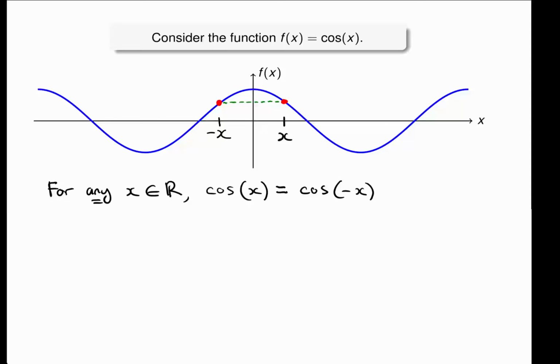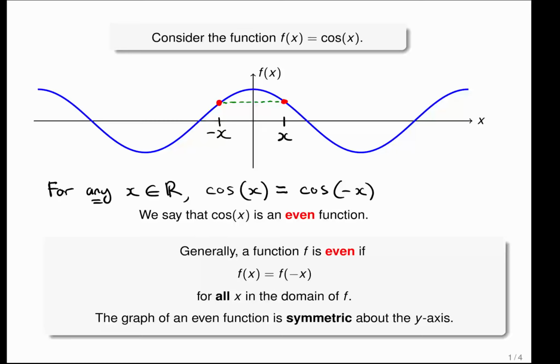That is, x and minus x share the same y value for all x. We say that the cosine function is an example of what's called an even function. Generally speaking, a function f is an even function if f of x equals f of minus x for all values of x in the domain.